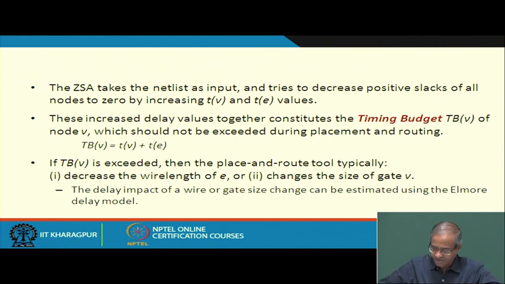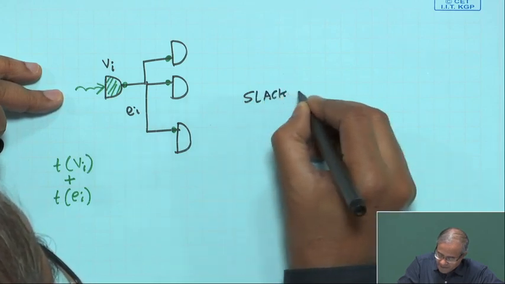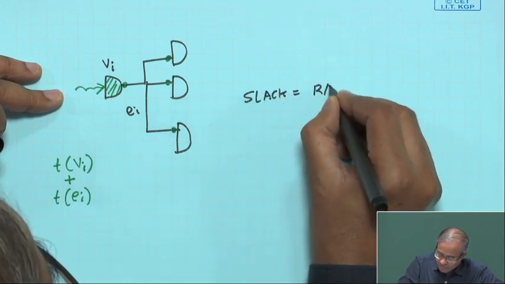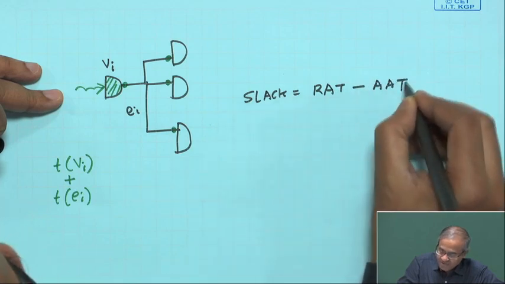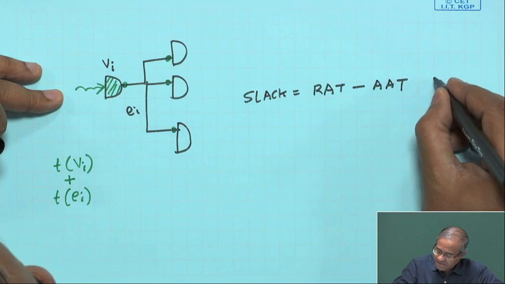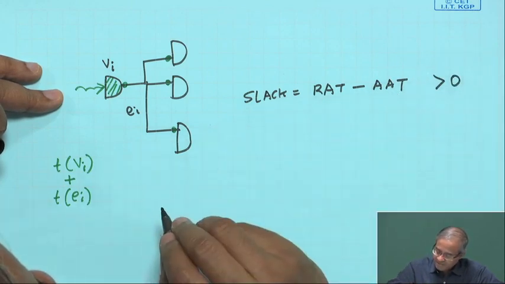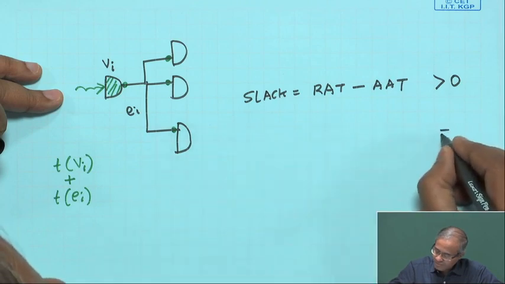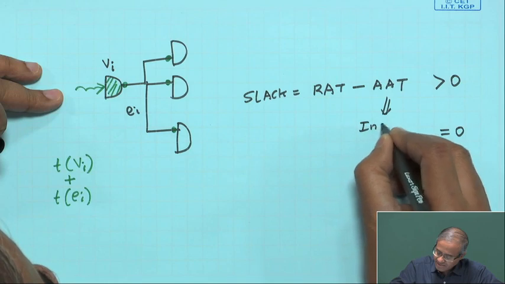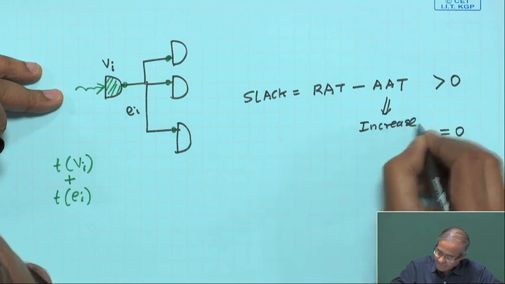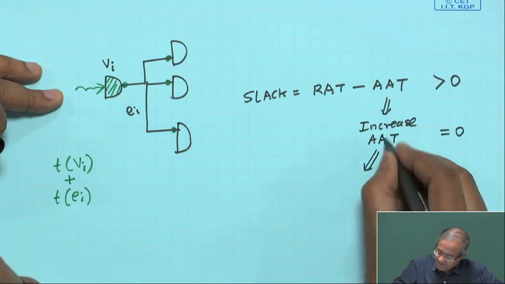You see, just to recall, slack is defined as required arrival time minus actual arrival time. Suppose slack is a value which is greater than 0, positive, which means RAT is greater than AAT. So, how can I make it 0? I can make it 0 by increasing AAT. So, how can I increase this AAT?